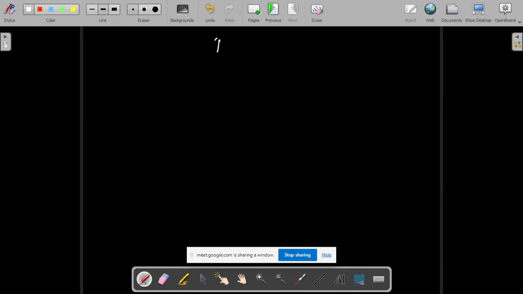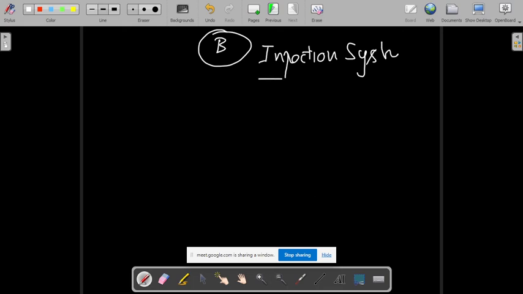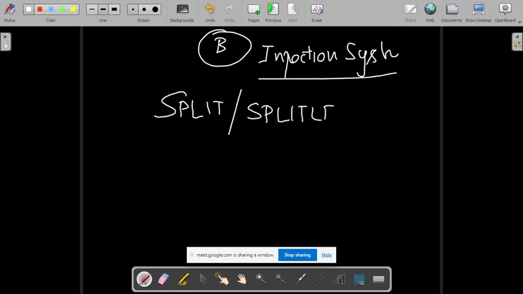The B part, which is the injection system. The injection system is actually called the split or splitless injection port.